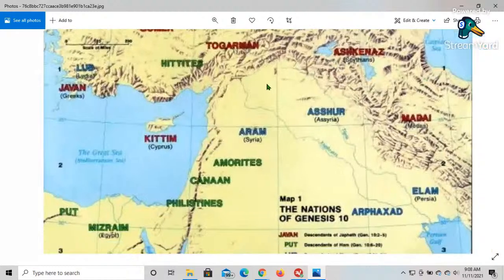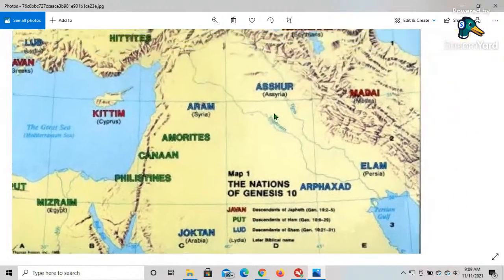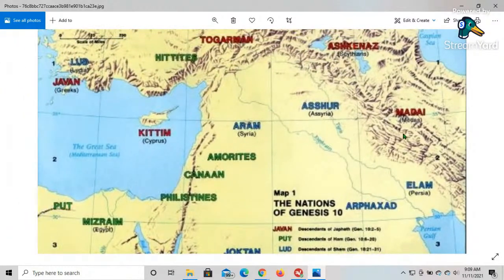And those are the 5 sons of Shem, including Arphaxad. Lud, Aram, Asher, Elam, Arphaxad. Joktan is descendant of Arphaxad, I believe.